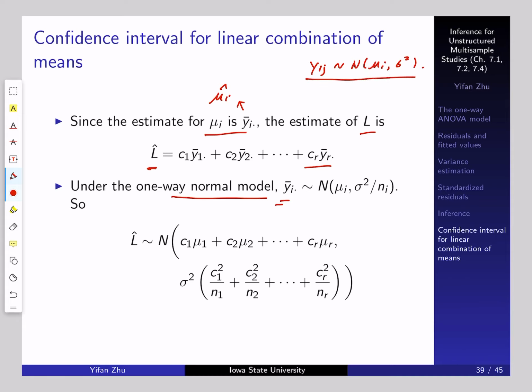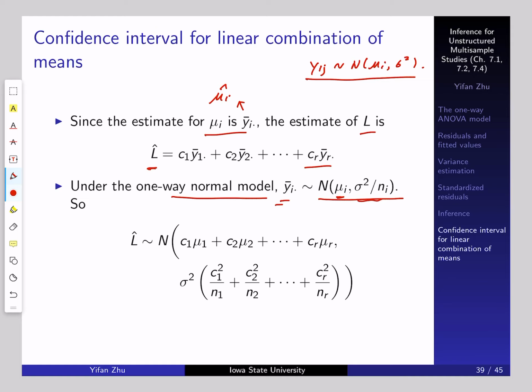So Yi dot bar is a normal random variable with mean mu i and variance sigma squared over ni.